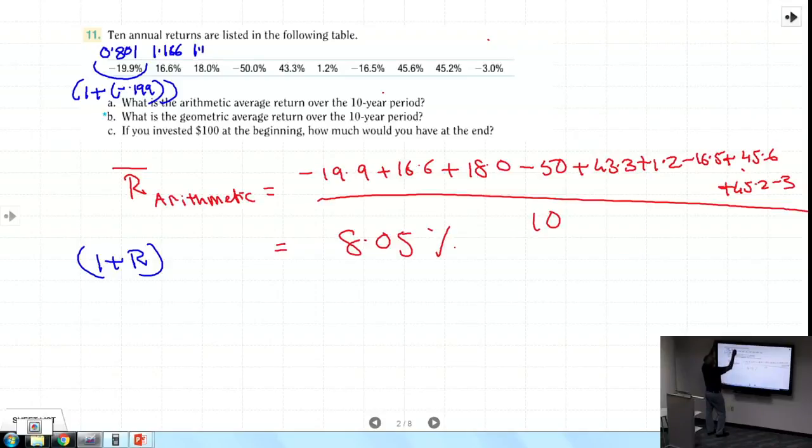This would be 1.18. This would be 1 minus 0.5. This would be 1.433. This would be 1.012.